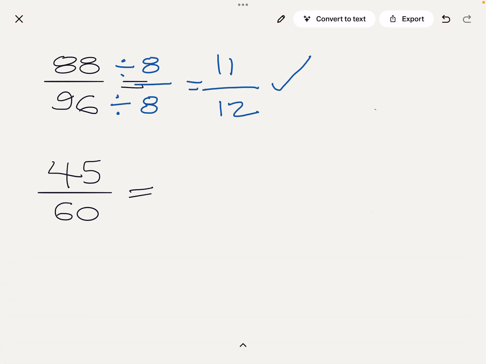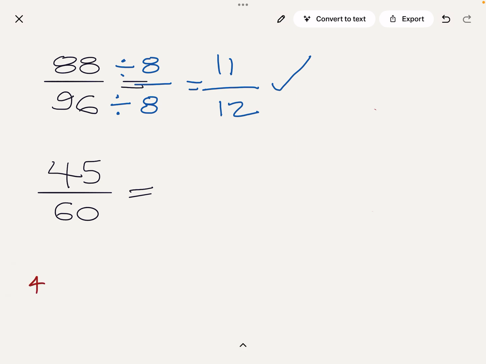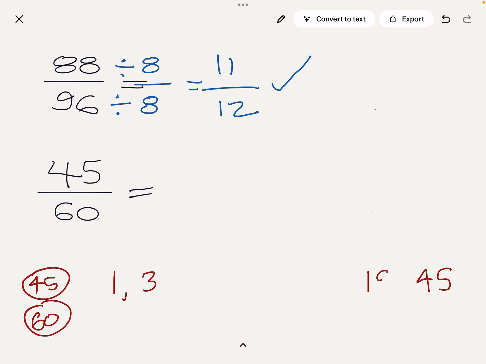So let's go ahead and do 45. So 45 factored. So 1 and 45. 2 will not go into it because it's not an even number. 3 goes into it. And I recognize 45 minutes as 3/4 of an hour, and I know that 1/4 of an hour is 15. So 3 times 15 is 45.